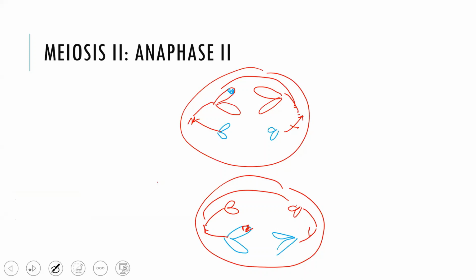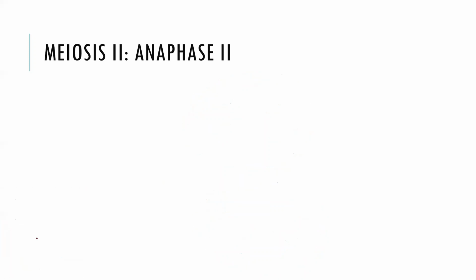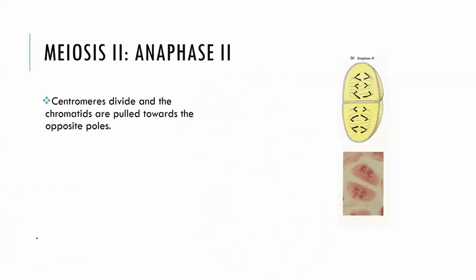So you can see the centromeres divide and the sister chromatids are pulled to the opposite sides of the cell as chromosomes. Then you have telophase 2.